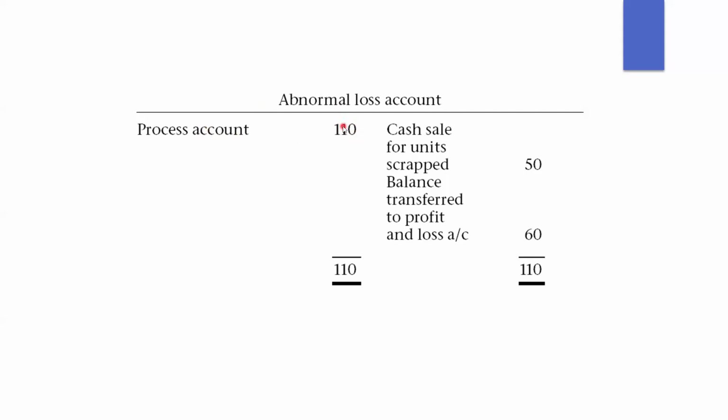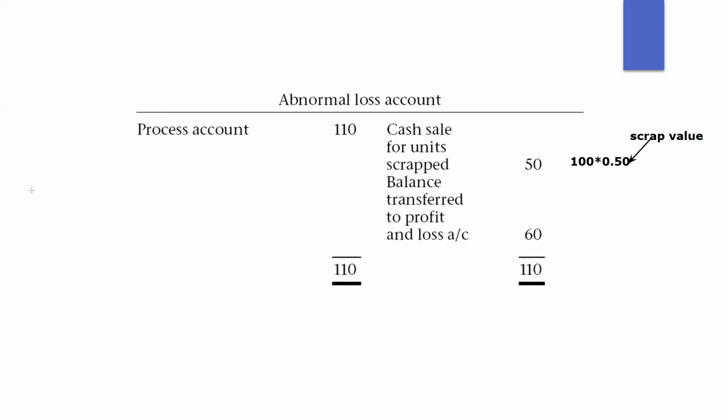As I told you earlier, the abnormal loss of 100 can be sold at 50 penny each. So 100 into 50 penny is 50 pounds. This is the scrap value. So you are getting 50.